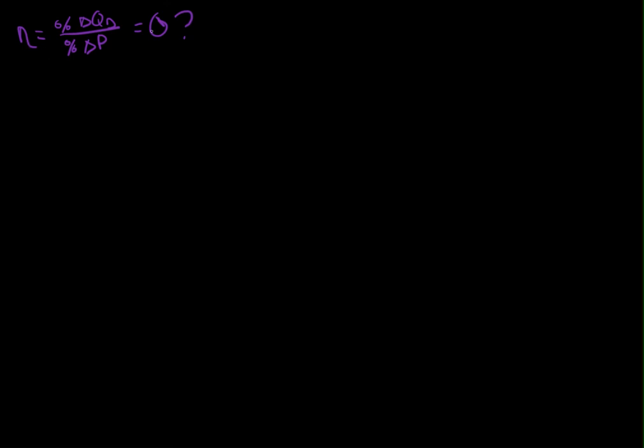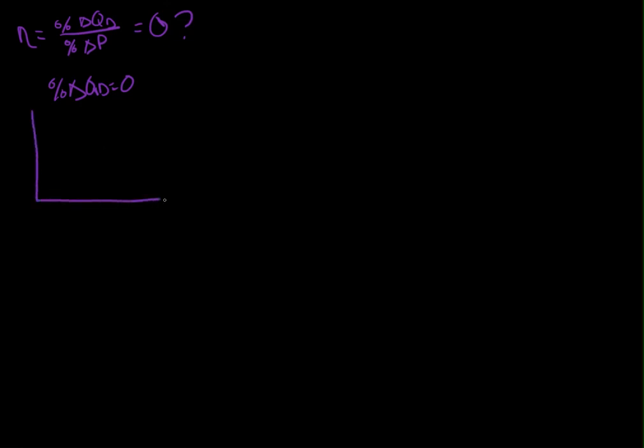So the only way that I could have a value of price elasticity of demand equal to 0 is if we have a situation where the percentage change in quantity demanded is equal to 0. So regardless of the price that has changed, my quantity demanded is not changing. Okay, so how would this look graphically?